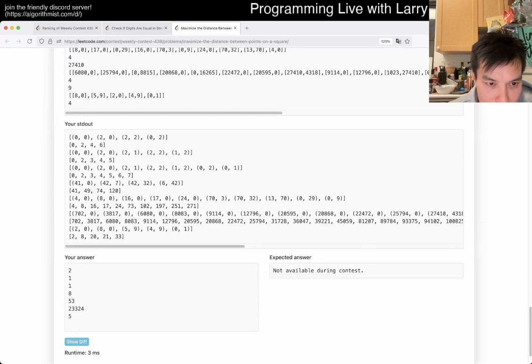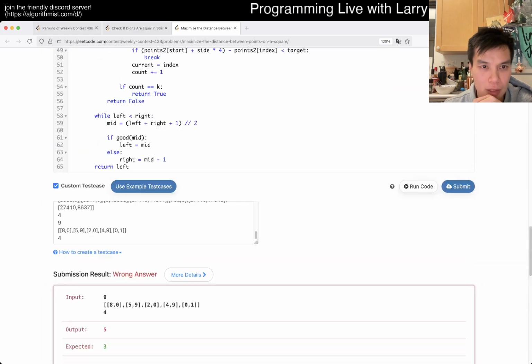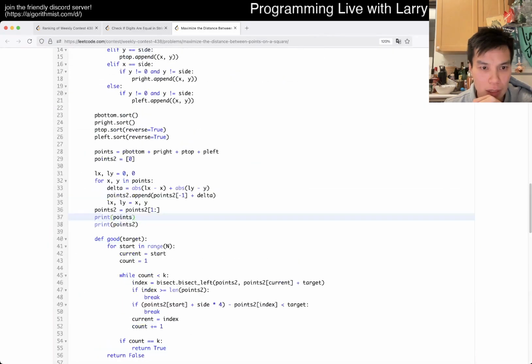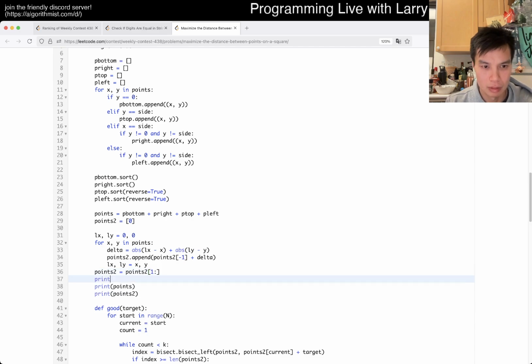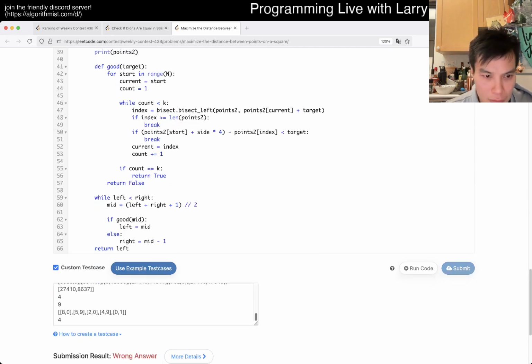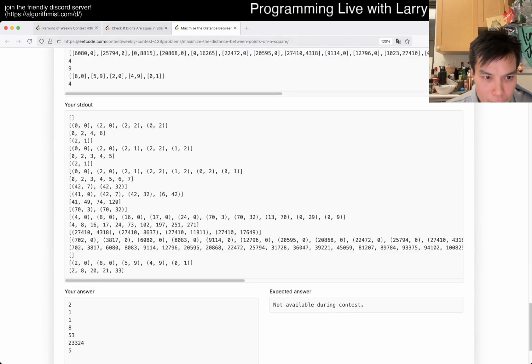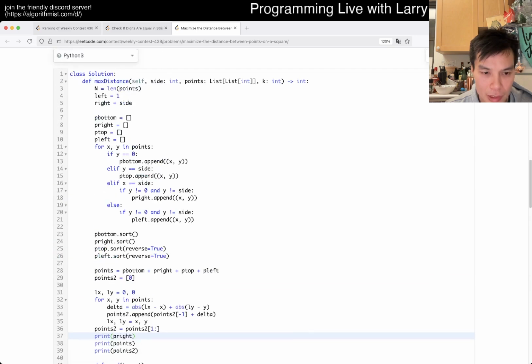Okay. Oh no, the points are here. So 2, 8, and then 5. 5, 4 is weird, right? Yeah, this is sorted incorrectly. On the right side, so that's not the right side, that's the left side.